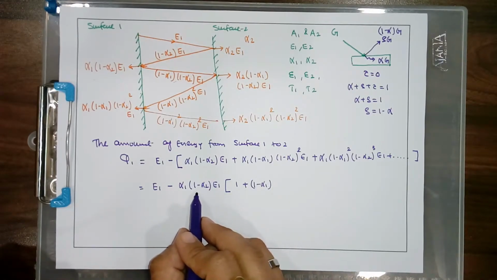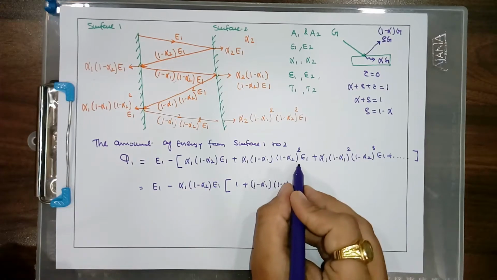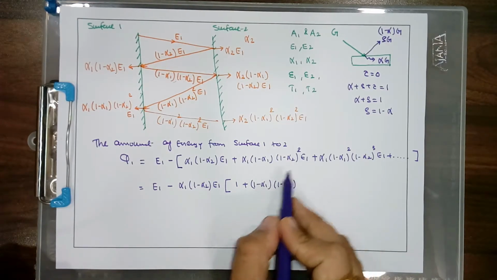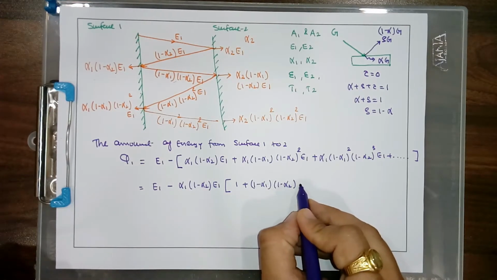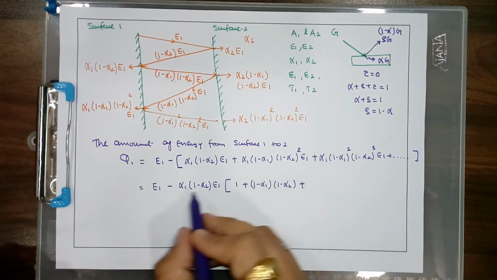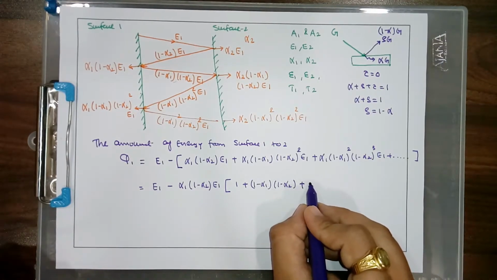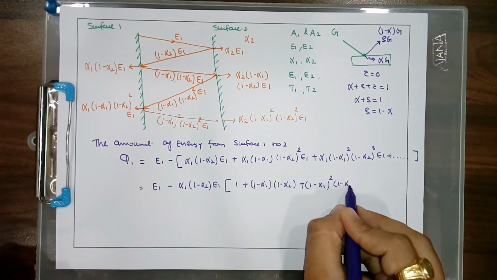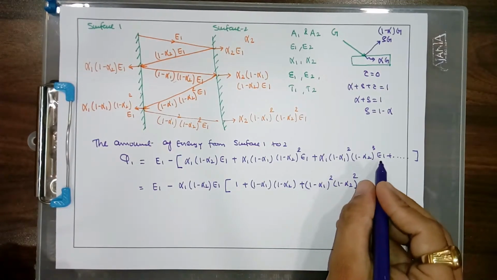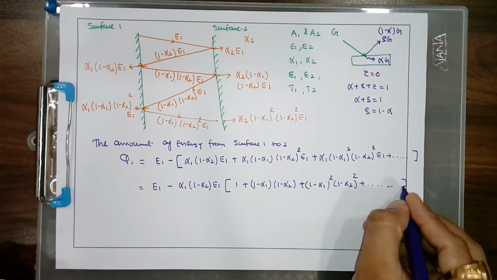In the same way, alpha is common, 1 minus alpha 2 is common, so it becomes (1 minus alpha 1) to the power 2 into (1 minus alpha 2) to the power 2, and E1 is taken as common, so it goes on like this.